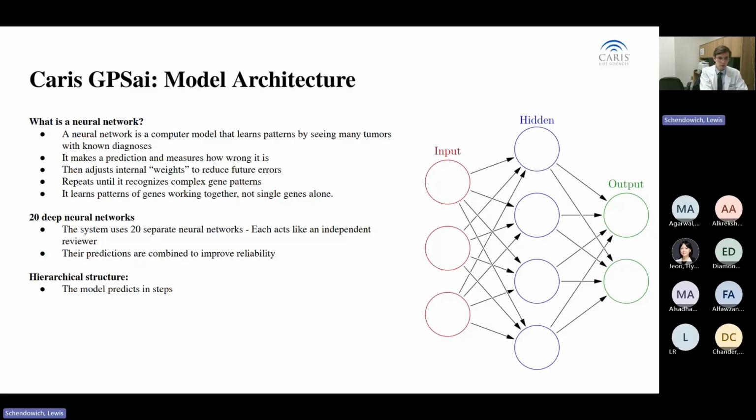So the structure works in a hierarchy. The model predicts in steps. First, it gives you a broad cancer diagnosis, then it gives you a specific subtype. So for instance, it gives you lung, and then it'll give you lung adenocarcinoma.